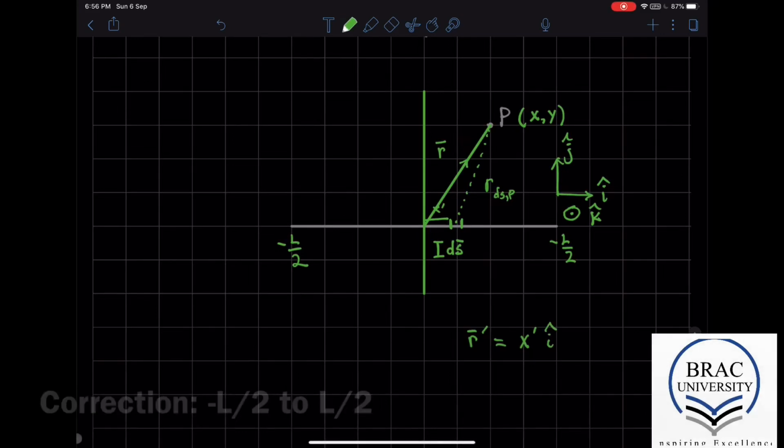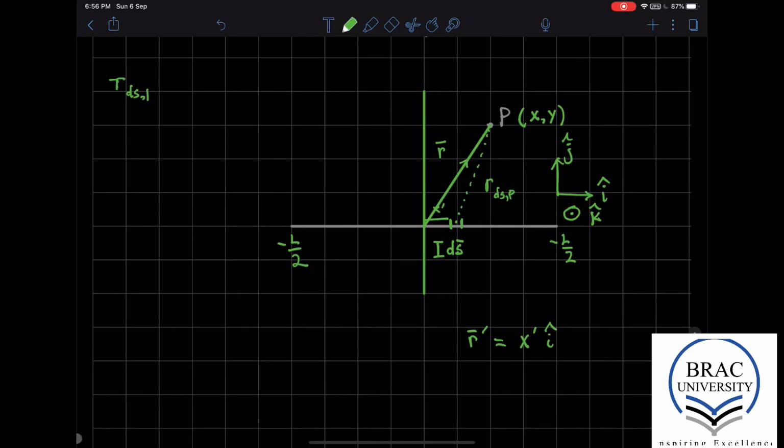The distance that we're interested in is r from ds to P, and that will be given by the modulus of the vector r minus r prime.